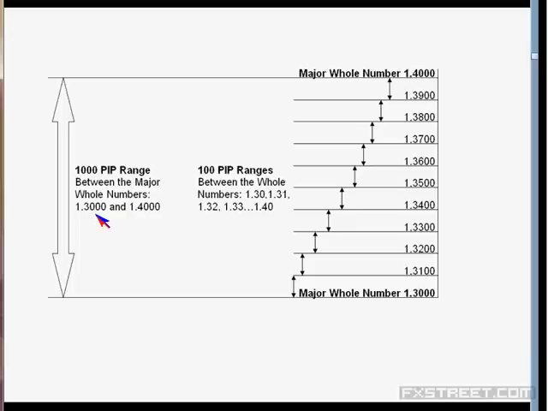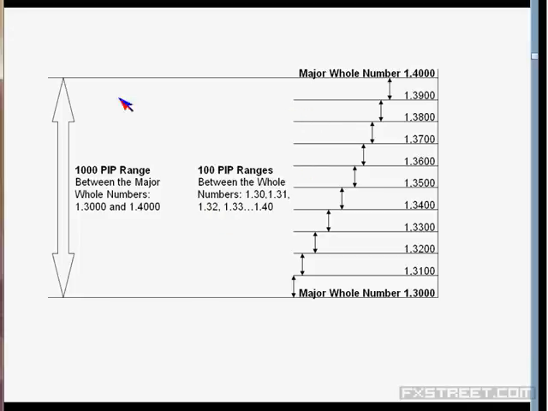Currently, the euro-dollar currency pair is trading at a little bit below $1.35, so it is trading within the 1,000 pip range between $1.30 and $1.40. And if the exchange rate is between $1.34 and $1.35, then it would also be within the 100 pip range between the whole numbers of $1.34 and $1.35.